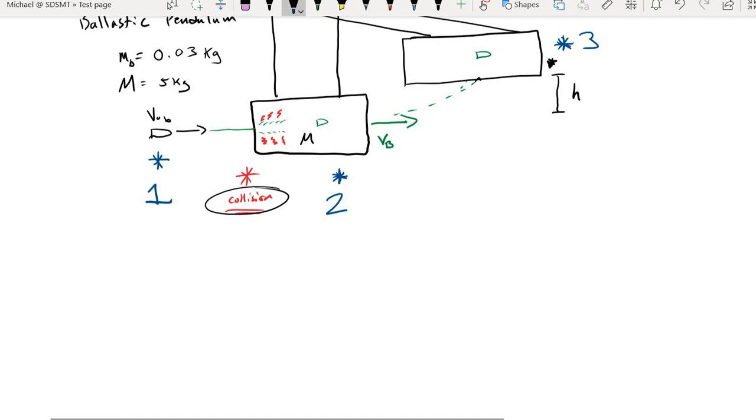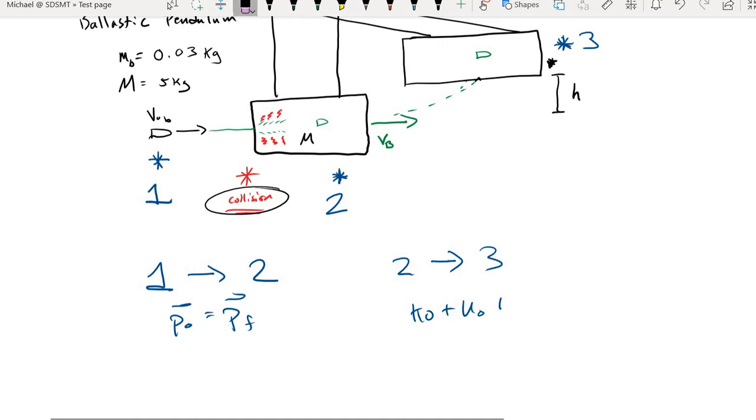But as we go from 1 to 2, we said that conservation of momentum would be our best bet. And then as we go from point 2 to point 3, conservation of energy would be our best bet.